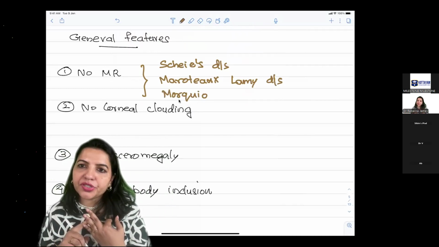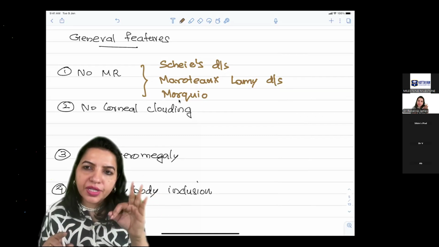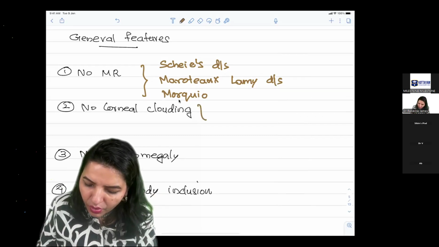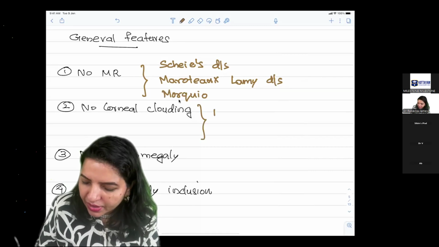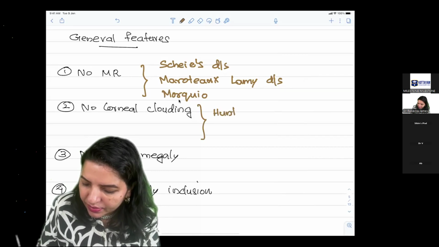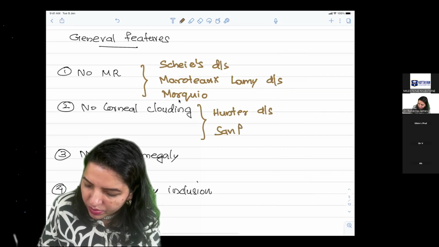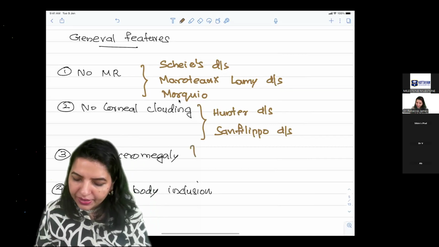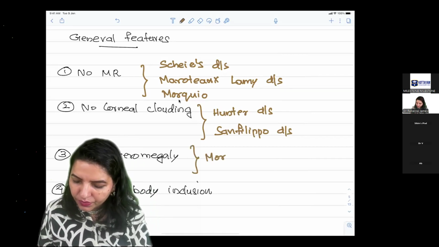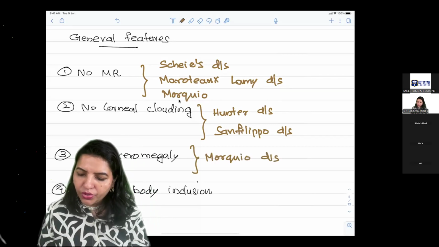No mental retardation. No need to learn every mucopolysaccharidosis. Learn these general features. No corneal clouding. Already we have learned one, that is Hunter, plus Sanfilippo. No visceromegaly: Morquio disease.